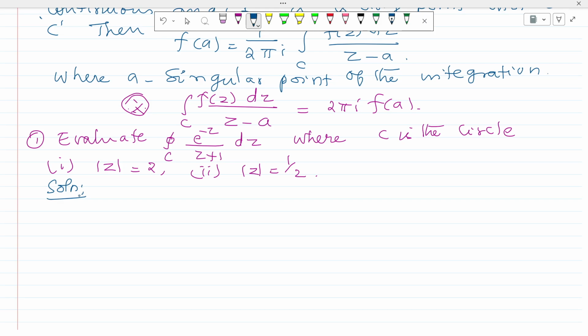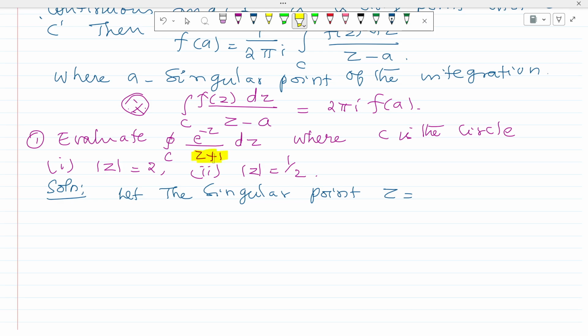Write the solution for this. Let the singular point be z equal to... listen, in the denominator z plus 1 is given here.